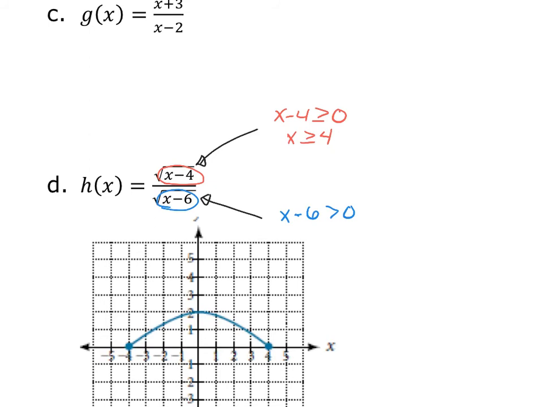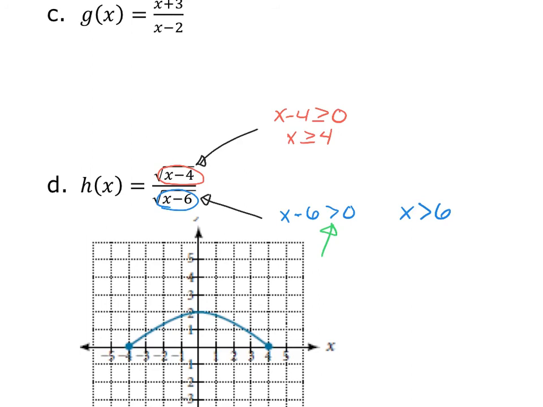So I don't get equality on this one like I would have on the one in the numerator. I can divide into 0, but I can't divide by 0. And that's how come right here I don't have the equality. But I'm still going to solve for x. I add 6 to both sides, and x has to be strictly greater than 6.